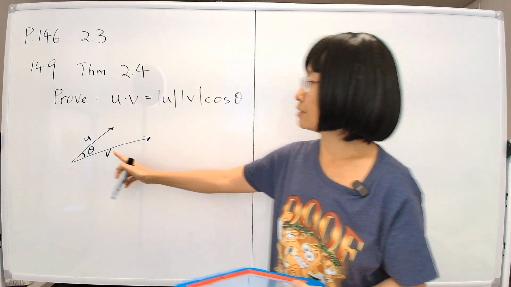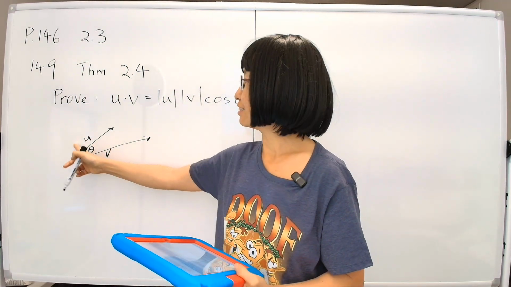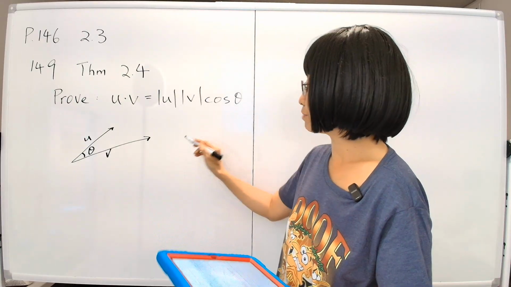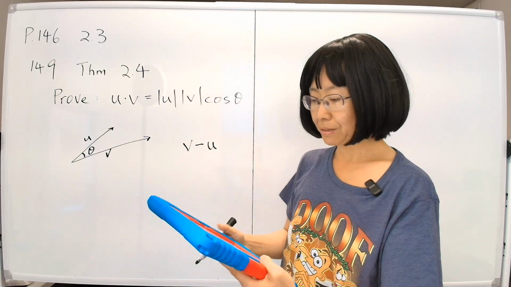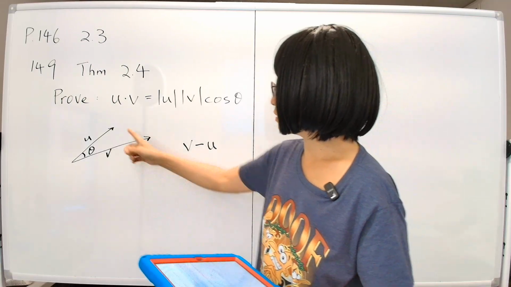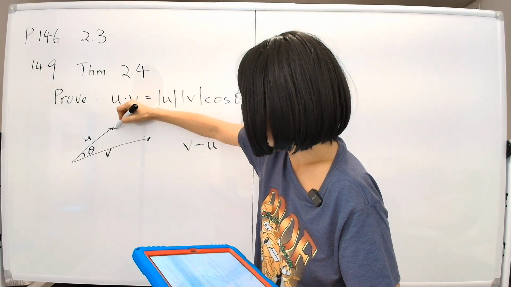Now first to prove this, here are my two vectors: u here, v here, with a theta in between. And I need to figure out what v minus u is, because that's going to help me. Now v minus u is, by definition, the vector from here to here.